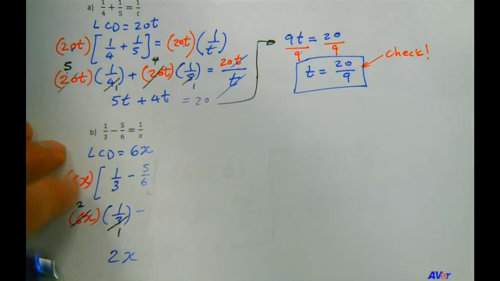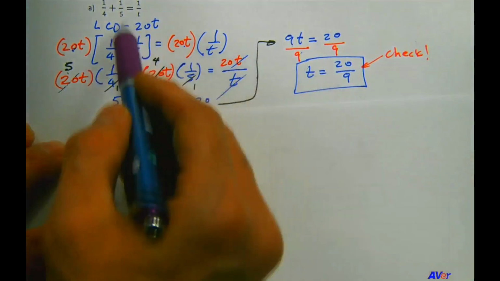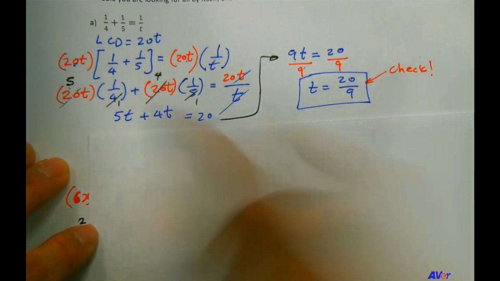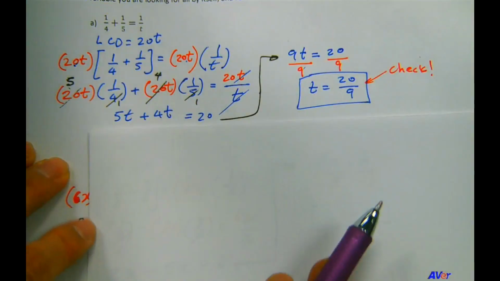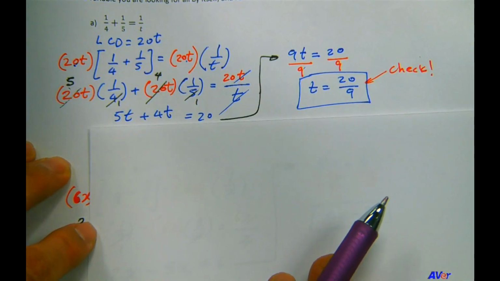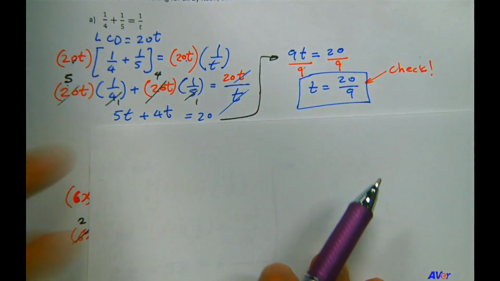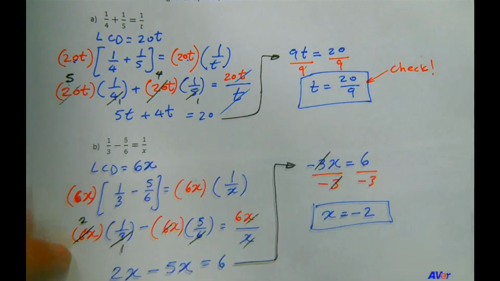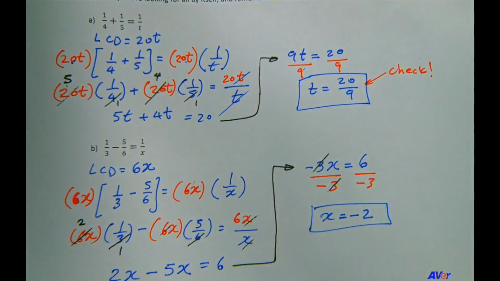Okay, let's check it. We're going to put it back into the original equation to see if both sides are equal to each other. We need to do that before we go to the next page. Once we check that, I'm going to also check this negative 2. But let's do it for part A first.